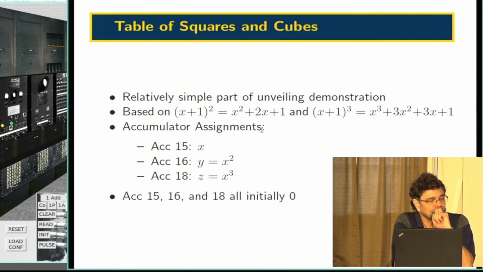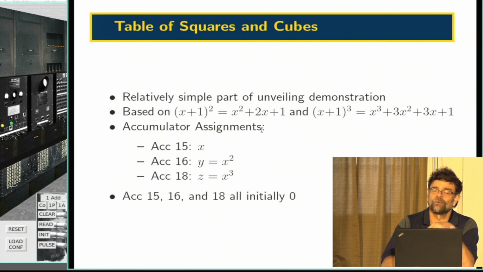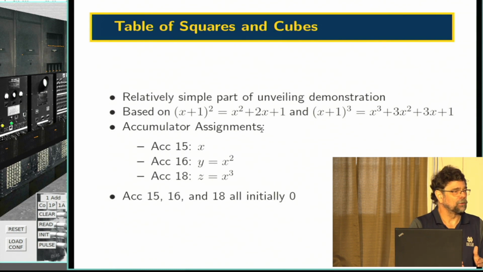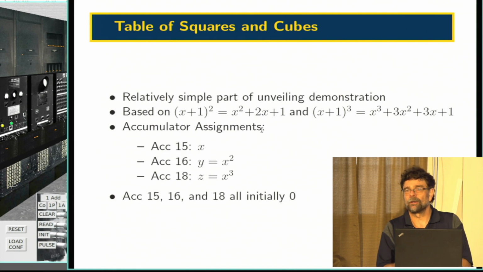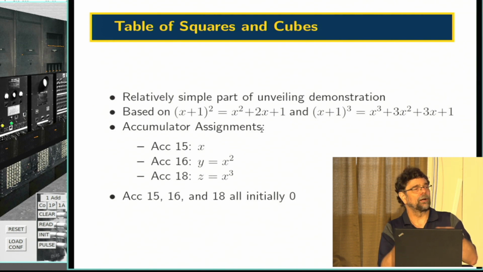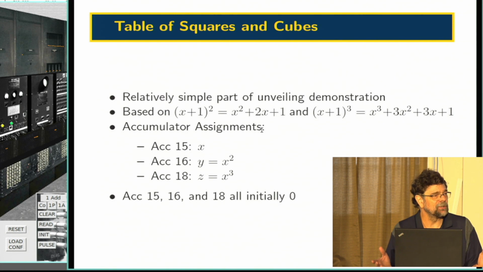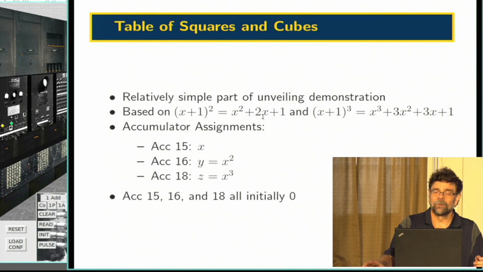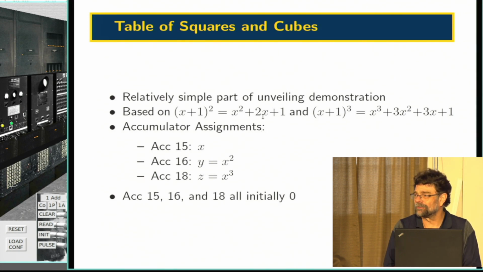Now, the beauty of this is, it says if I know the current value of x, x squared, and x cubed, I can get the values of x plus 1 squared and x plus 1 cubed by just doing some additions and multiplying by small integer constants. And remember, multiplying by small integer constants is very easy. I just use the repeat switch.